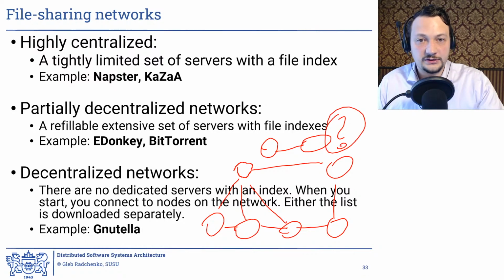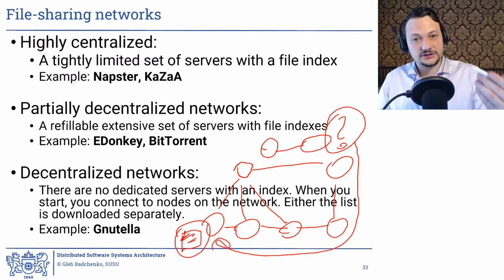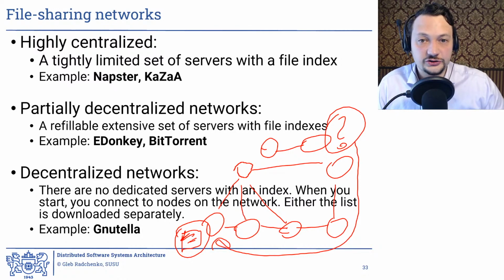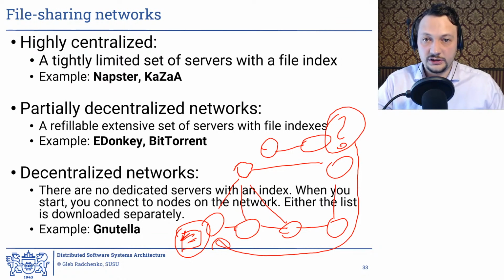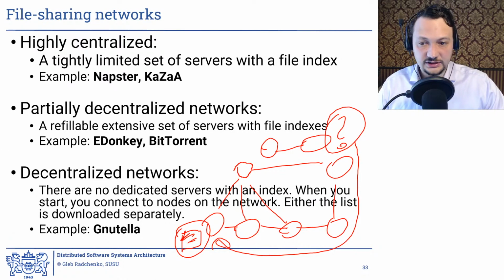And if you use, for example, the key-based routing mechanism, you can use the search network overlay to find the file that you are looking for in the network, as we discussed in our previous lecture. Examples of such networks are Gnutella, and we will also discuss the overlay over the BitTorrent network that also works without the centralized index mechanism.